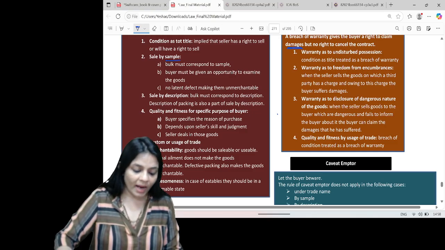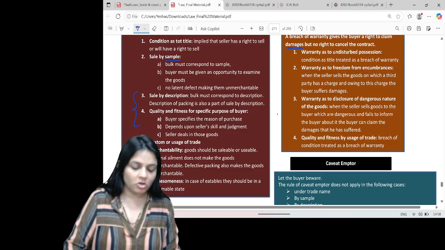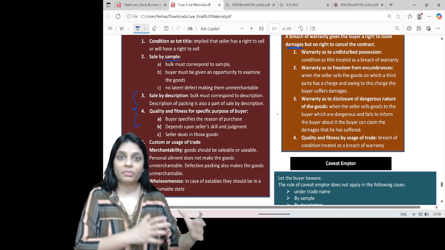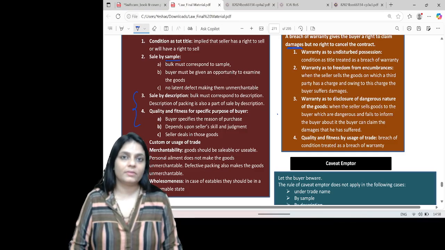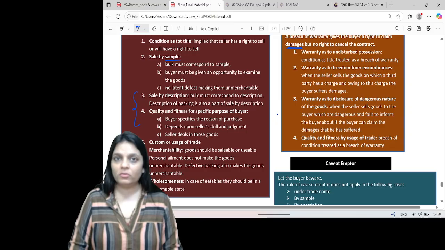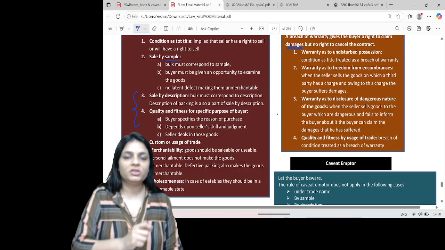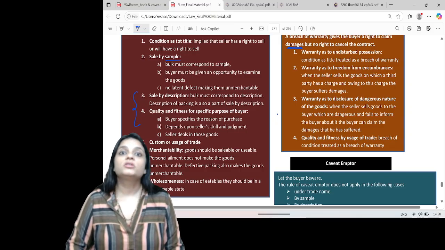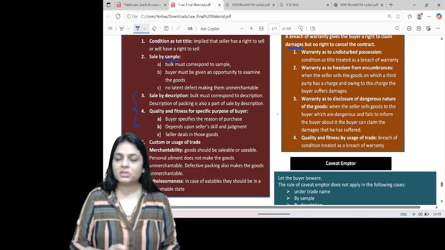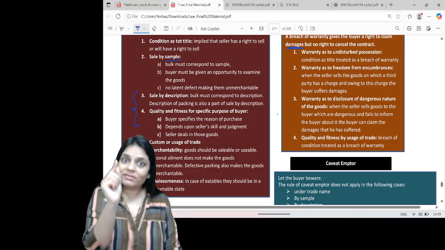Now, how will I identify whether it is description or purpose? The seller says to the buyer, I will sell you rice grown in Chhattisgarh. This is description. The buyer tells the seller, I want to purchase rice which is grown in Chhattisgarh. This is description. The buyer tells the seller, I want rice grains which are this long.